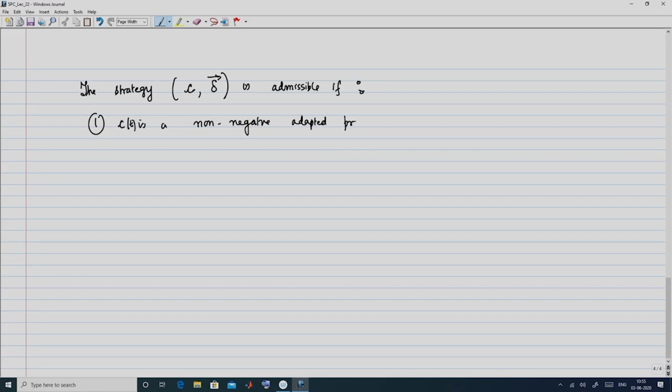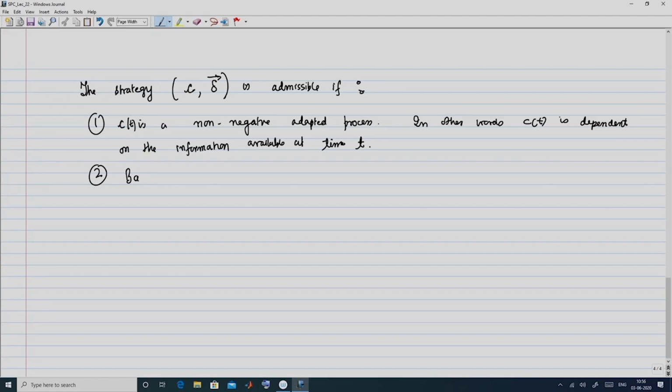Let me explain what an adapted process is. This means that, in other words, C of t is dependent on the information available at time small t.